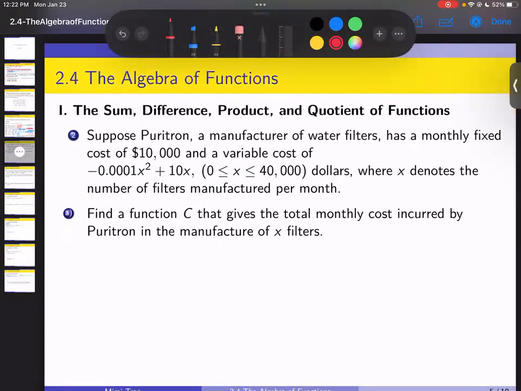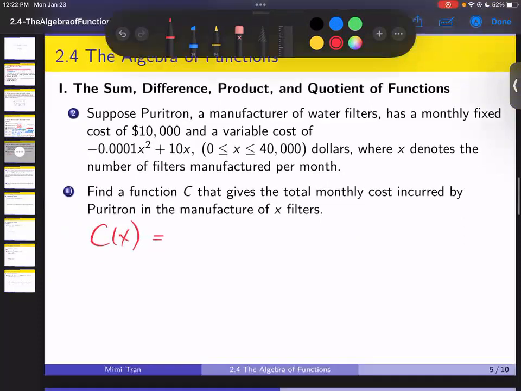All right, so cost. Say you're a CEO, you want to find how much it costs to manufacture x filters. The first thing, tell me how much you have to pay down. What's the fixed payment? 10 grand, right? That's your fixed monthly payment. And what's the variable cost?